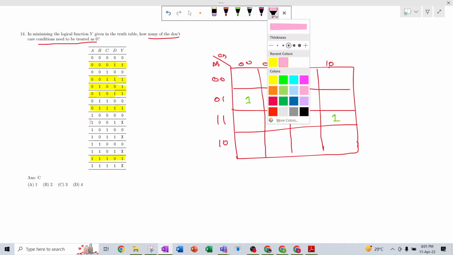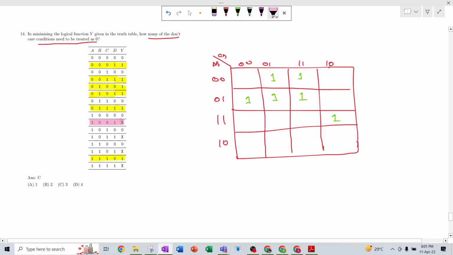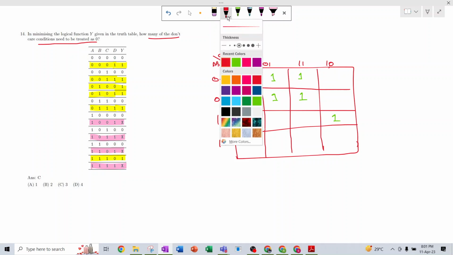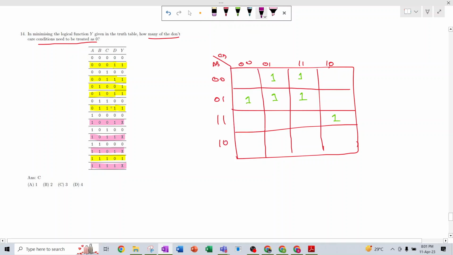Now we'll consider the don't care terms. Don't care terms are these: 1, 2, 3, and this is the 4. So 1001, this is a don't care.